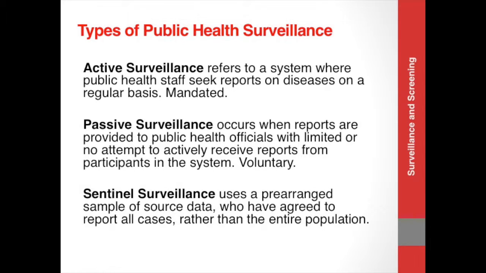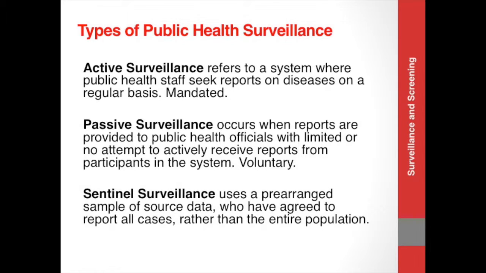In passive surveillance, the system waits for cases to be reported. Organizations conducting surveillance do not contact potential reporters and leave the initiative for reporting to others. Passive surveillance is advantageous because it occurs continuously and it requires few resources. However, it's likely to underreport disease frequency.